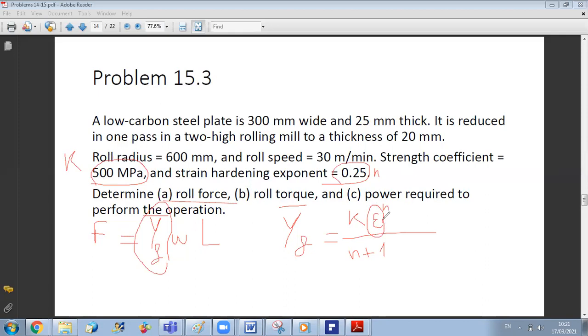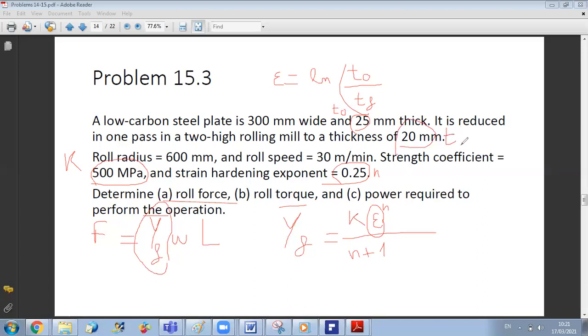I just still need to get epsilon. Epsilon is the true strain, so I can just apply the formula that epsilon is ln of T0 over T final. Here both are given. The initial thickness is 25, so this is T0, and the final thickness is 20, so this is T final.